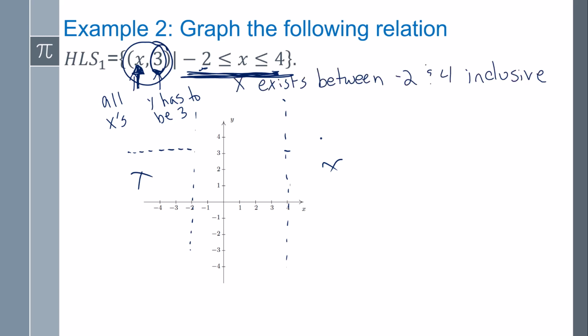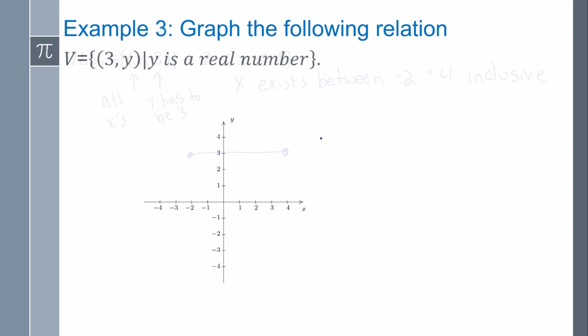And so in this next statement, I'm saying that the x values have to be between -2 and 4, inclusive, because it says equal to. And so that's where my value is going to be. If you look at the x values, it's between -2 and +4, and it's along where y equals 3. Let's look at another one.